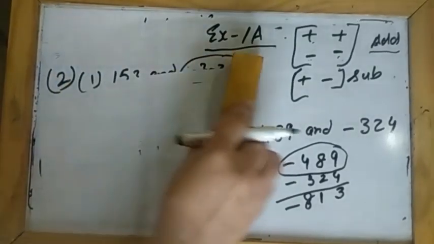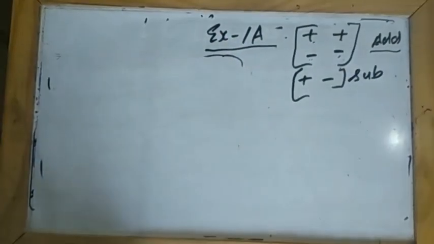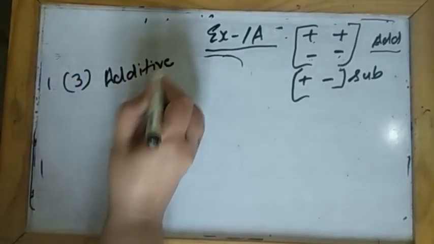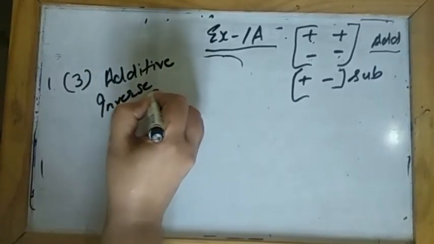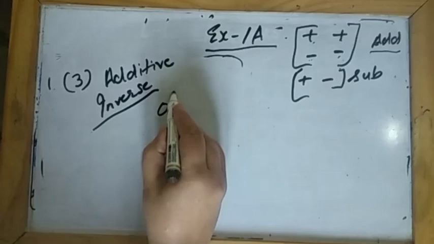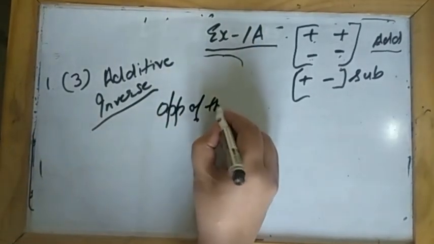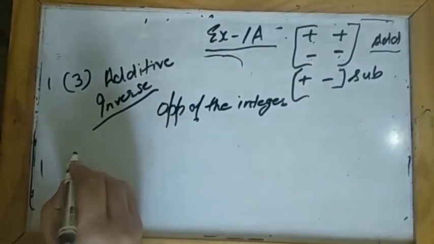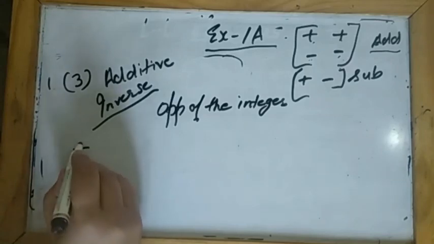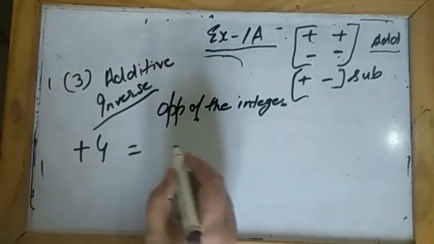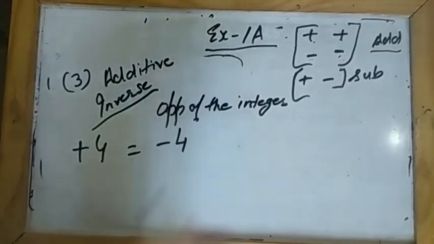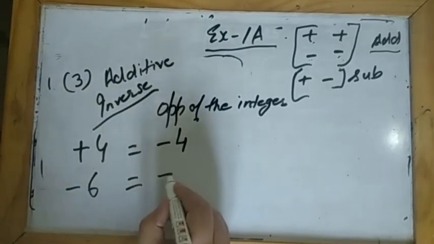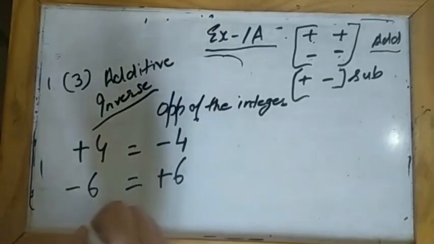Okay, now I'll come to the third question. The third question says find the additive inverse. Now what does additive inverse mean? Additive inverse means the opposite of the integer. If you have a positive integer like 4, its additive inverse will be the opposite, means it will be -4. If you have the integer -6, its additive inverse will be +6, means we have to change the sign of that number.